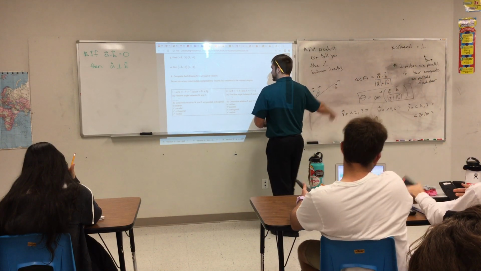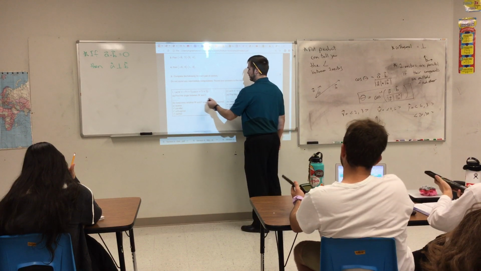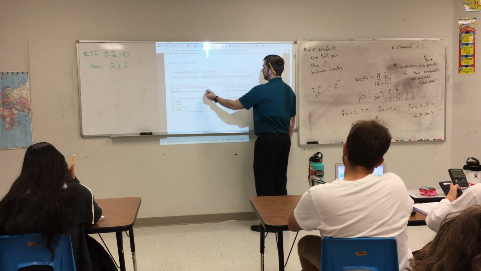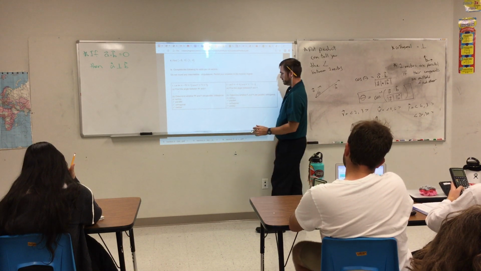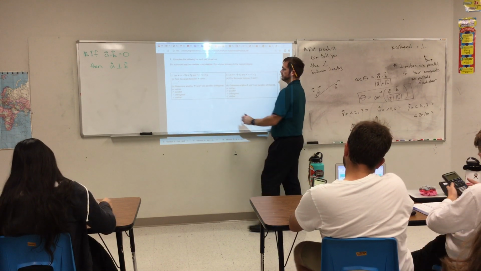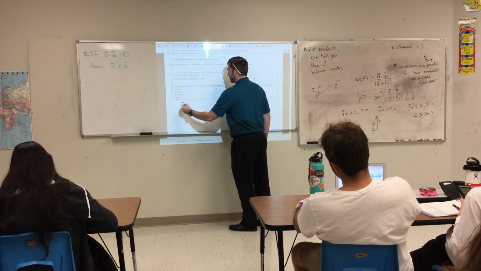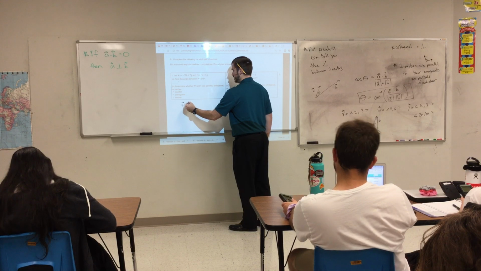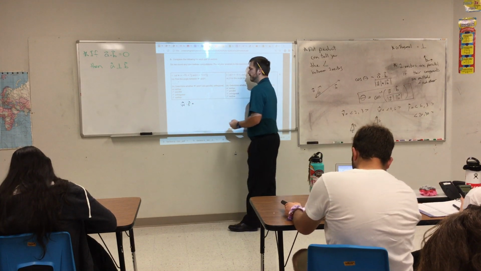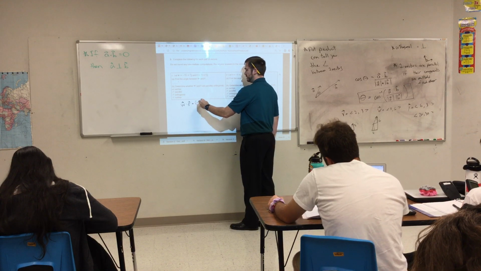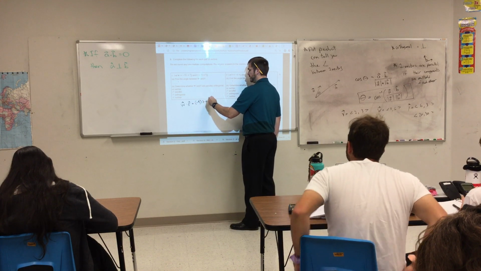I might do some of this piecewise, sort of in pieces. So first off, I might find W dot R. That's going to be negative 9 times 7 plus 7 times 5.